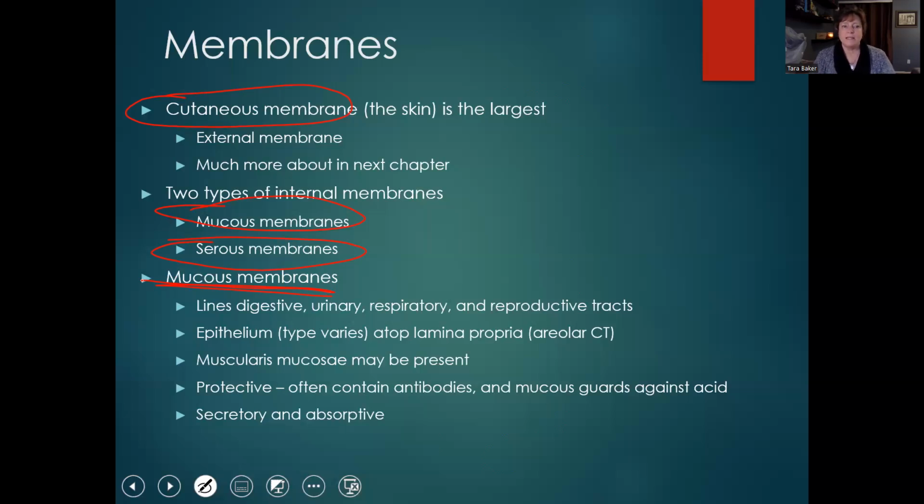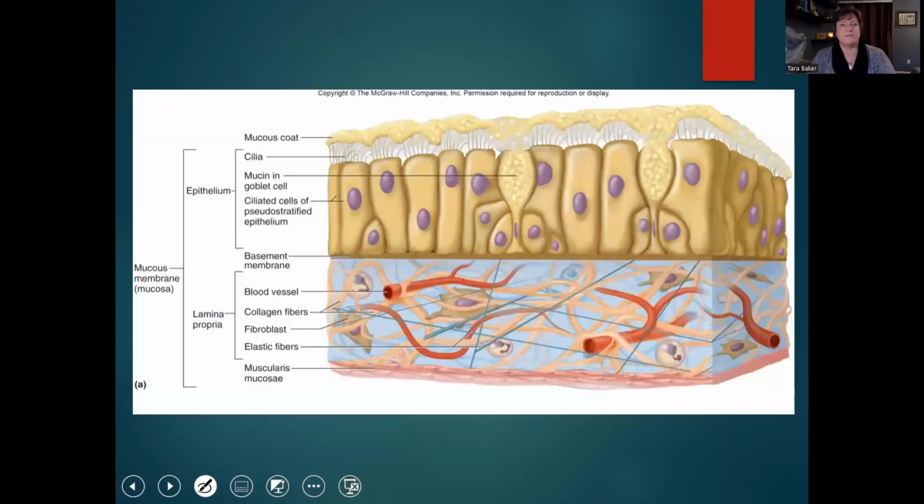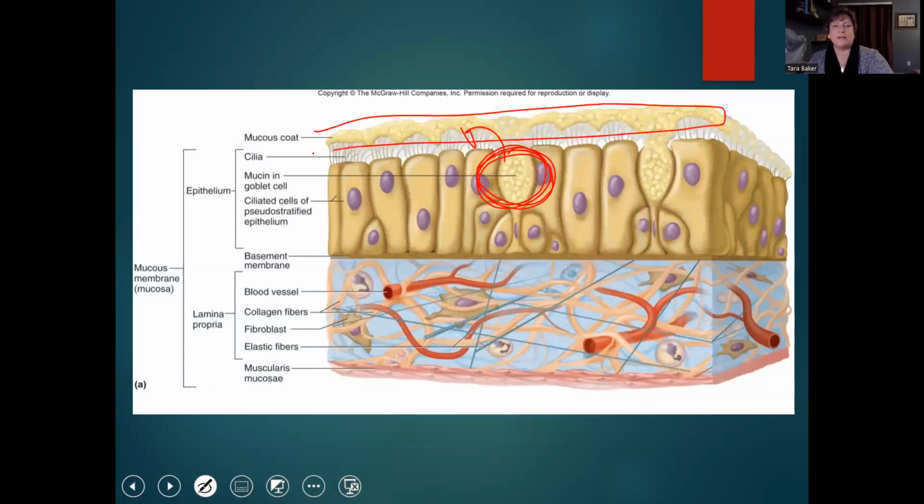So the mucous membranes are going to be individual cells, usually goblet cells, and they are going to be secreting mucus on a surface. So here's my goblet cell, and it's producing mucus, and the mucus lines this whole thing. So in your stomach, you have a mucus lining that covers all the cells and helps to protect those cells from the acid that's also going to be produced, as an example.